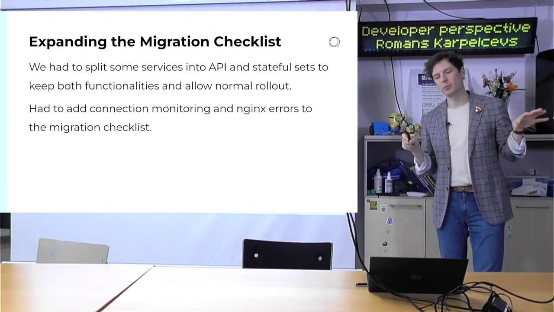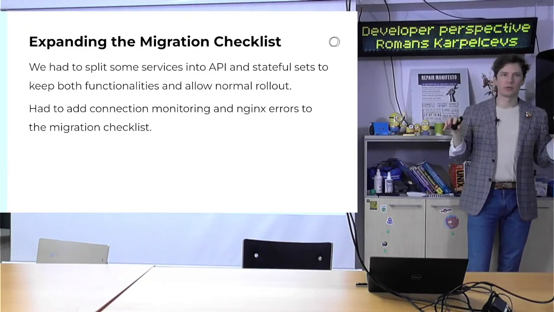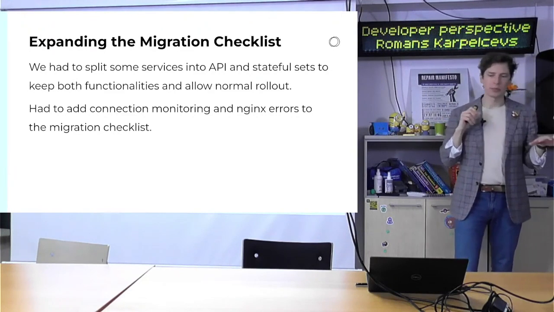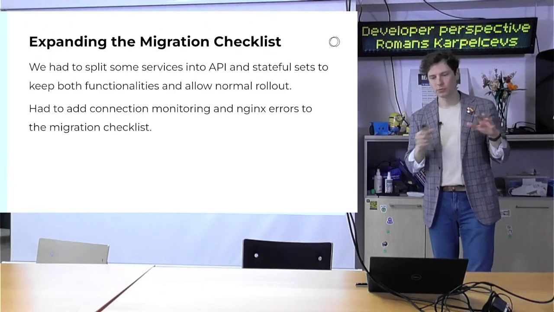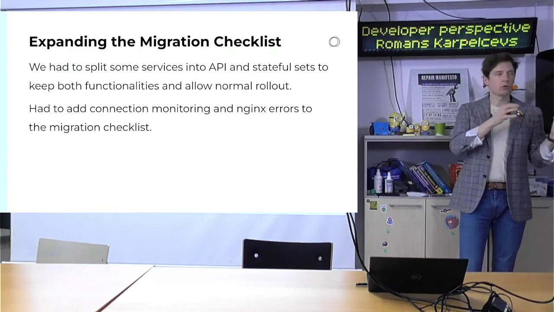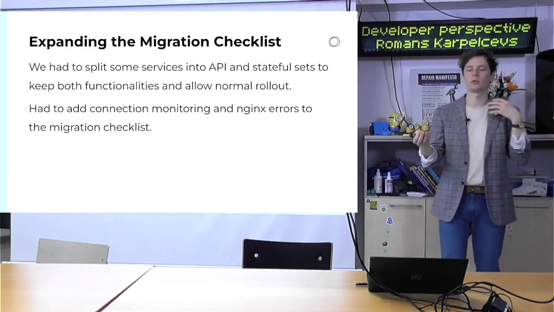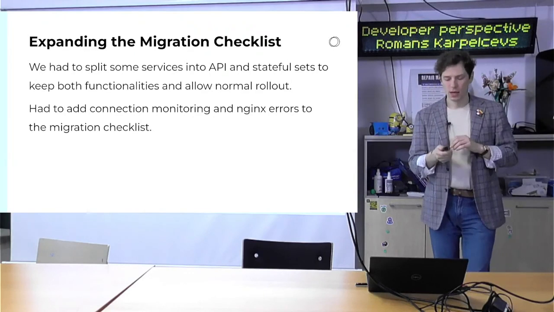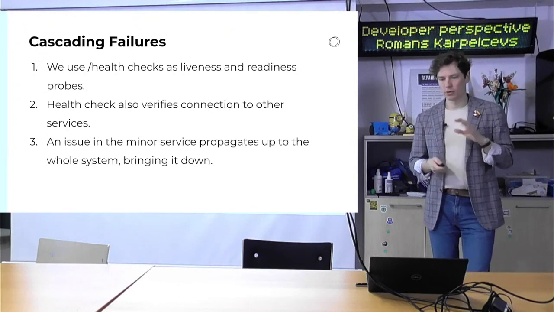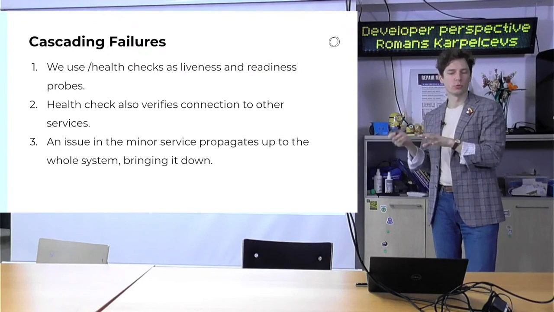One would be serving the API, and the other one would be a stateful set that is never run twice. So some application changes needed to happen for some of the services after the migration. Even though previously they also caused downtimes because we shut the service down and then brought it up, it was not really noticed. And I'm gonna tell more about how we had cascading failures after migrating to Kube.